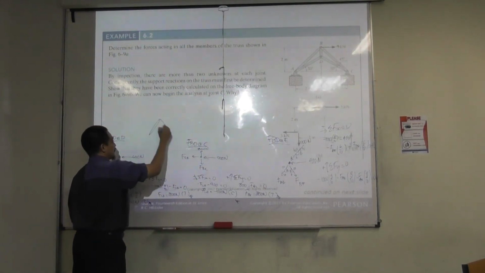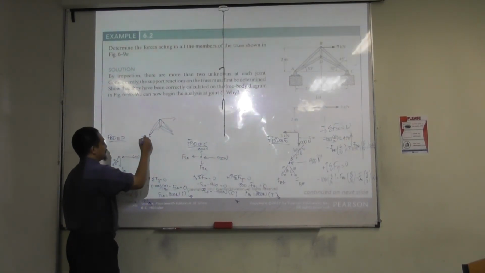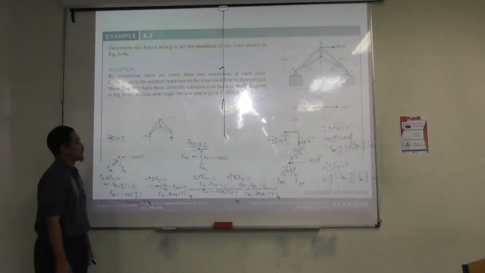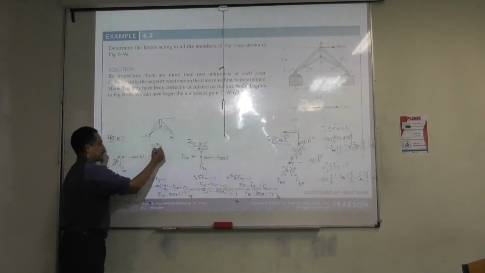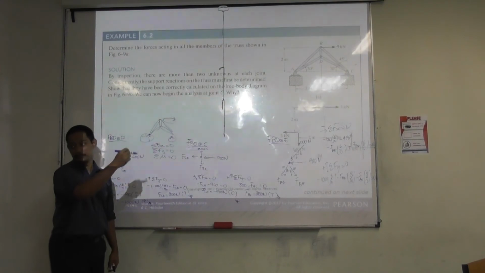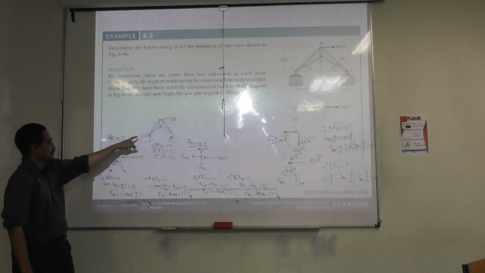So you have to draw the whole thing, and then you have force, and then at A you have X and Y. Then you do summation of Fx, summation of Fy, summation of moment. You solve this one, and this one is given. Only then can you consider the joint. Right. So this is an example where you have no other option other than to solve this one first.